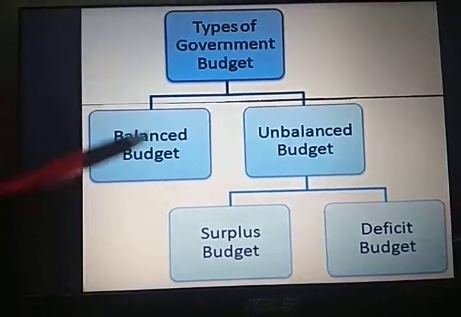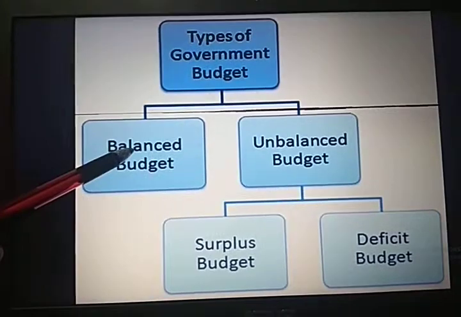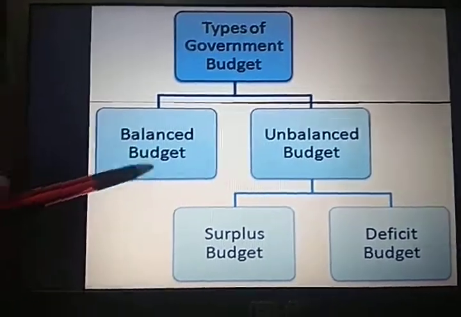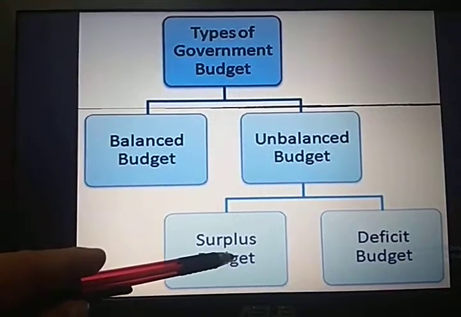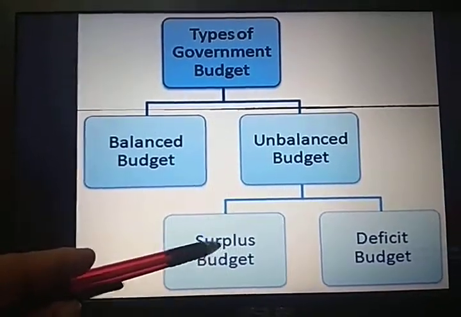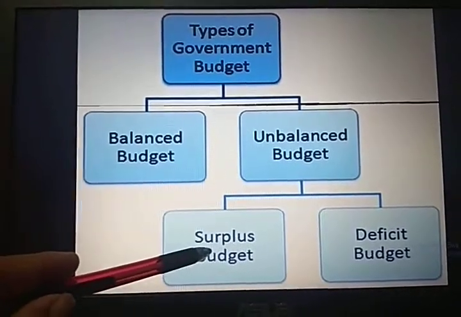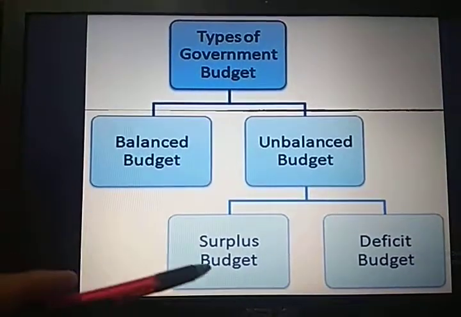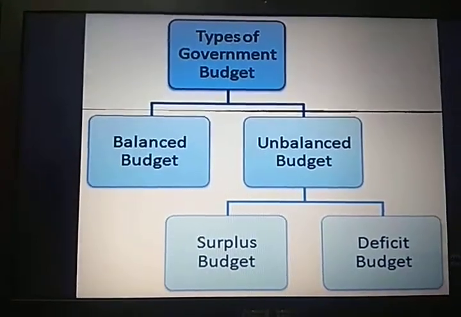Now, if there is a situation of balanced budget, that is the government's receipts are equal to expenditure, or if there is a situation of surplus budget, that is government's receipts are greater than the government expenditure, these two situations are favorable for any economy.